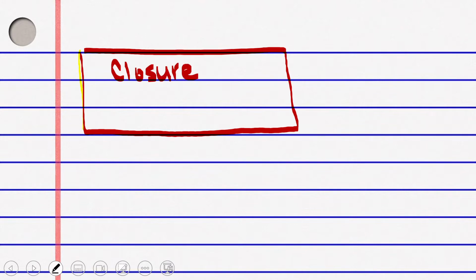Okay, to get started, on one side of your note card, write closure property of addition.